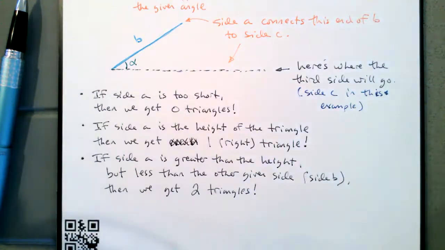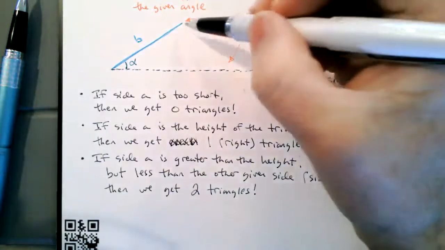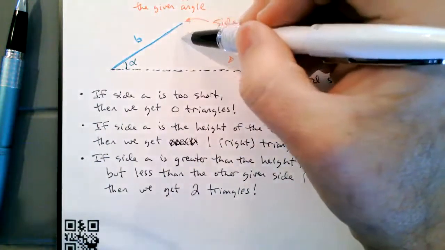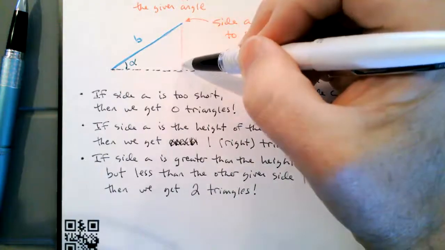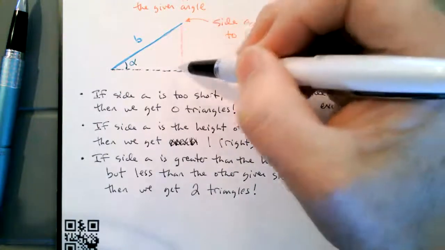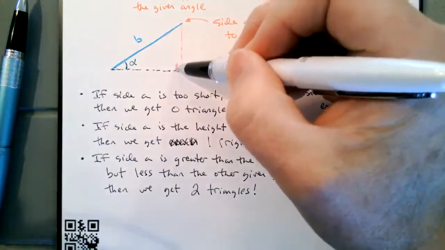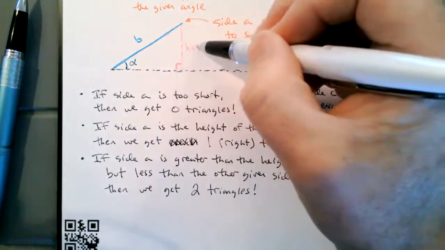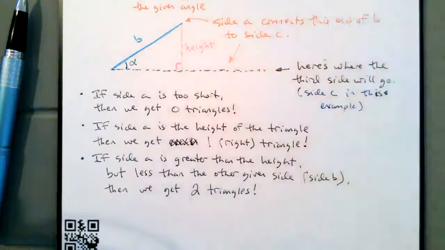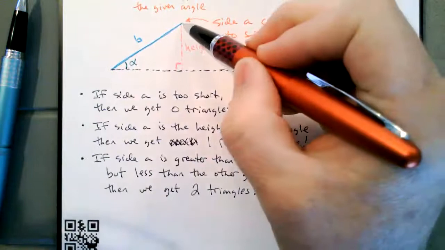Because what we can do is drop the height down from side A to side C. If I make side A, the side opposite the given angle, a little bit more than the height, then I can draw two triangles.